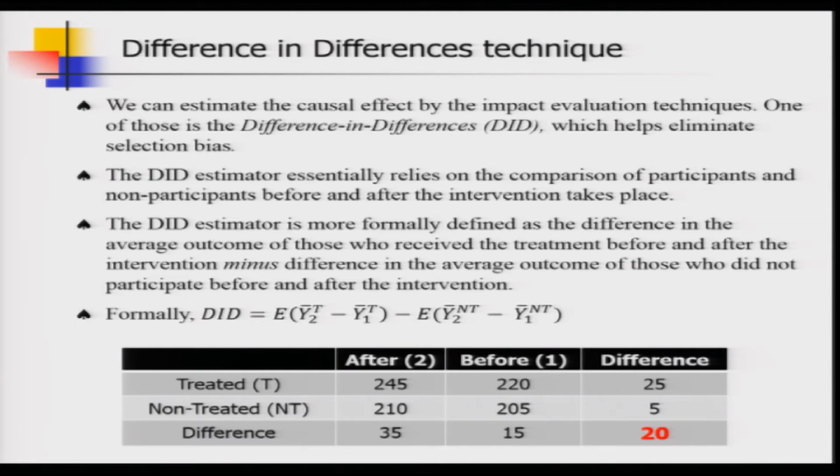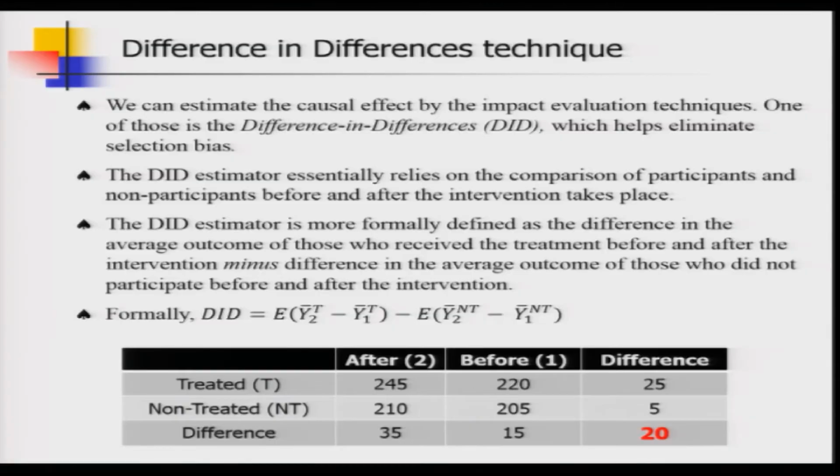Okay. And then you have to focus on the control group. Similarly, you can calculate the expected value of y bar 2 NT minus y bar 1 NT, and now if you take the grand difference of these two expected values, then you get the average treatment effect by following the difference in difference technique.